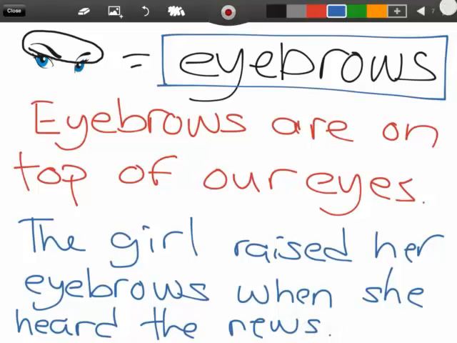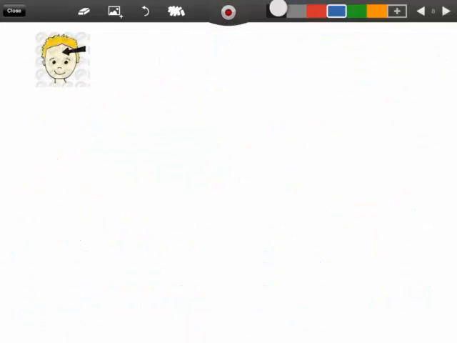I'm going to go ahead and repeat that for you. The girl raised her eyebrows when she heard the news. And what are eyebrows? Well, eyebrows are on top of our eyes, as you can see in the picture, and they are called eyebrows.